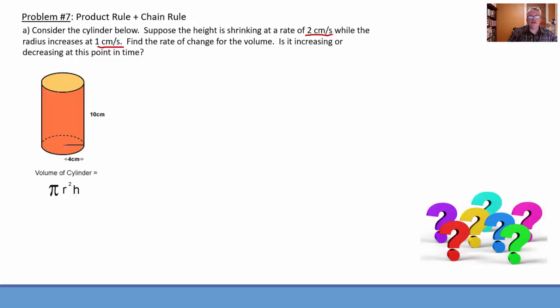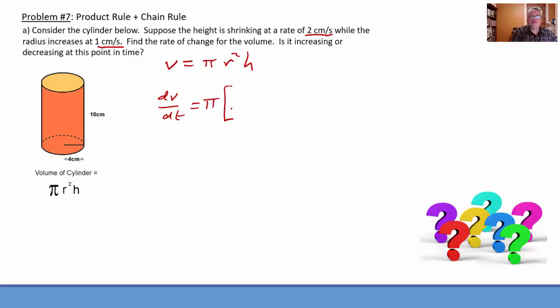Okay, so it's getting shorter but wider. So is the volume increasing or decreasing? That's a good question. So I'm going to start with the formula. Volume equals pi r squared h. Okay, we're going to need the product rule because we have a product of quantities here. So we have dV/dt equals pi. And I'm going to work out what the derivative of this product is.